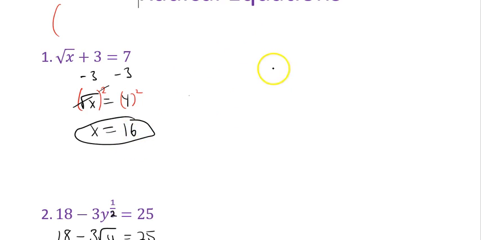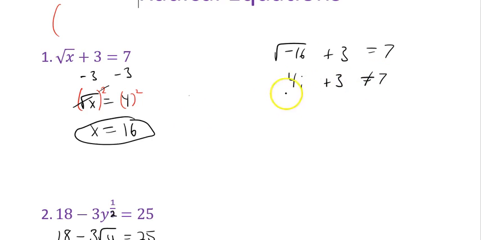I didn't, but let's say that I had. That would be the square root of -16 plus 3 equals 7. Well, the square root of -16 is 4i, which we're going to get into later. And 4i plus 3 is not equal to 7. And so that's why -16 would not be an answer. It would be called an extraneous solution.